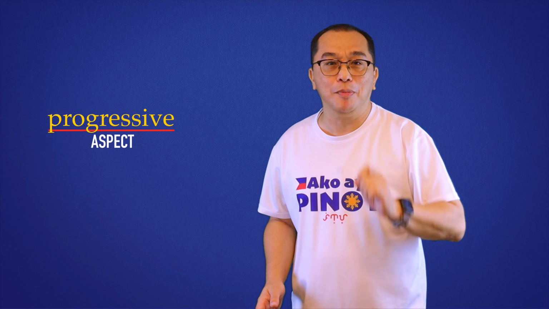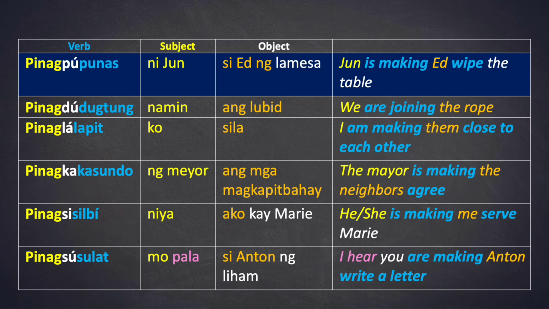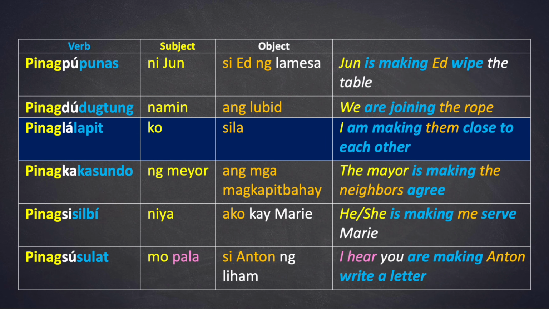This time, let's try the sentences in the progressive aspect or when the action is currently happening. Pinagpupunas ni June si Ed ng lamesa. June is making Ed wipe the table. Pinagdudugtong namin ang lubid. We are joining the rope. Pinaglalapit ko sila. I'm making them close to each other.